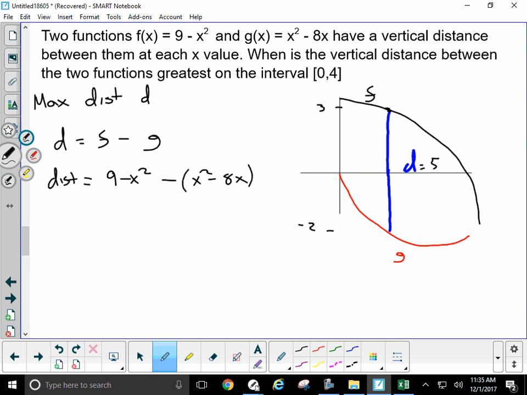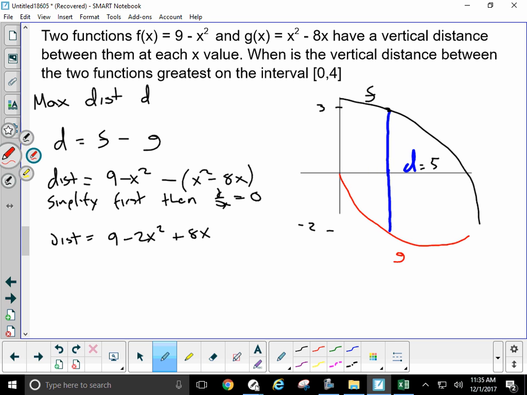Now, maybe before I do that, let's simplify it a little bit. Distance is equal to 9 minus 2x squared plus 8x.